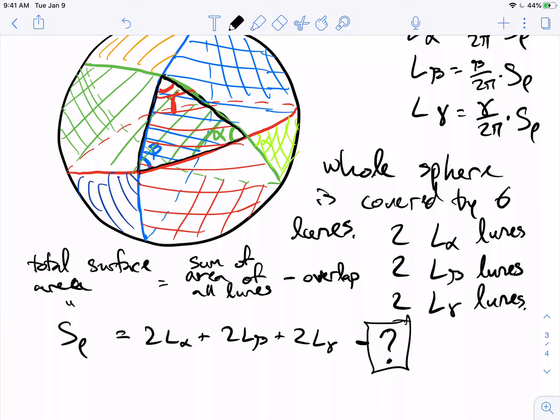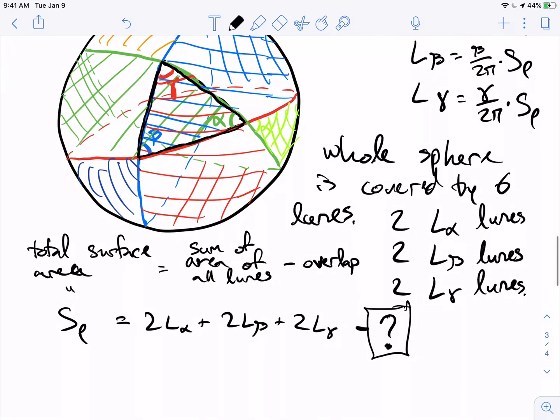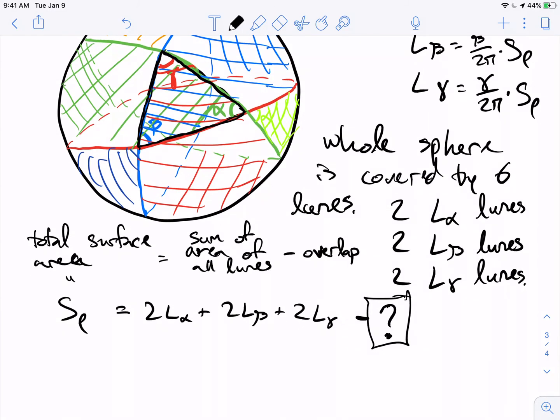That's the next question. And the thing that's going to connect this to triangles is we notice that the overlap occurs exactly on the triangle. And so the area of the triangle is going to go into this question mark here. So how much overlap do we have? Well, on this triangle, notice that each of the original alpha, beta, and gamma lunes all cover the triangle. And so we've covered the triangle 3 times, which is overlapping by 2.